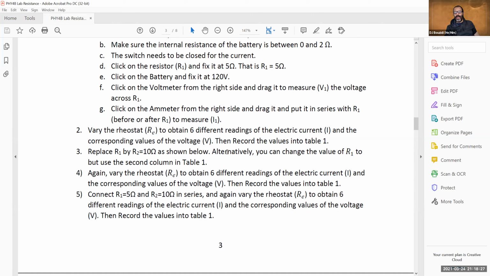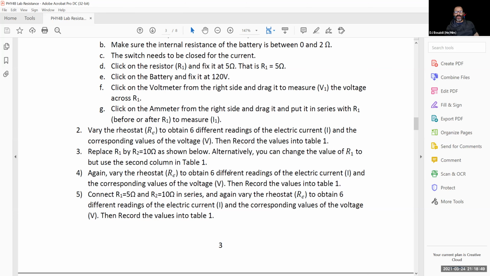As shown, alternatively, you can change the value of R1. I don't remember what I was writing in here. Anyway, just change the value of R1, okay?